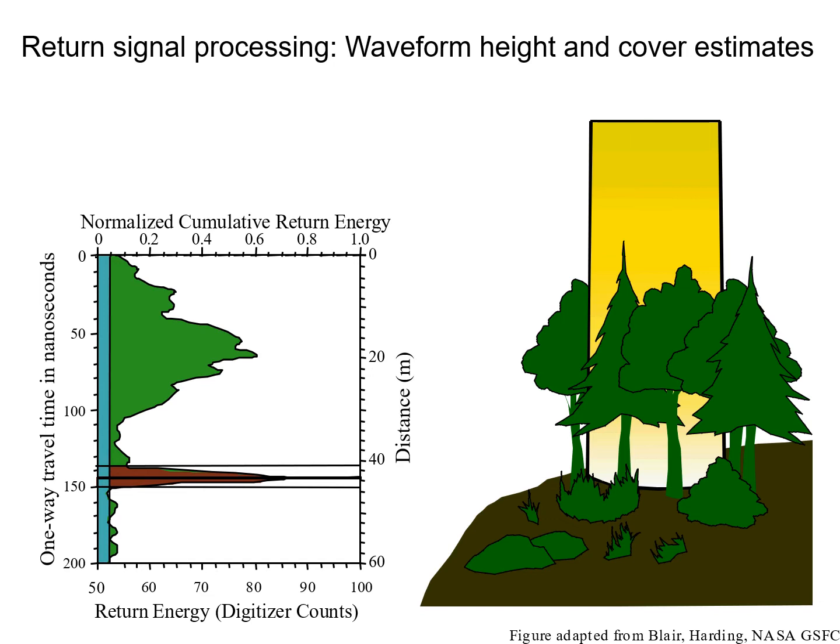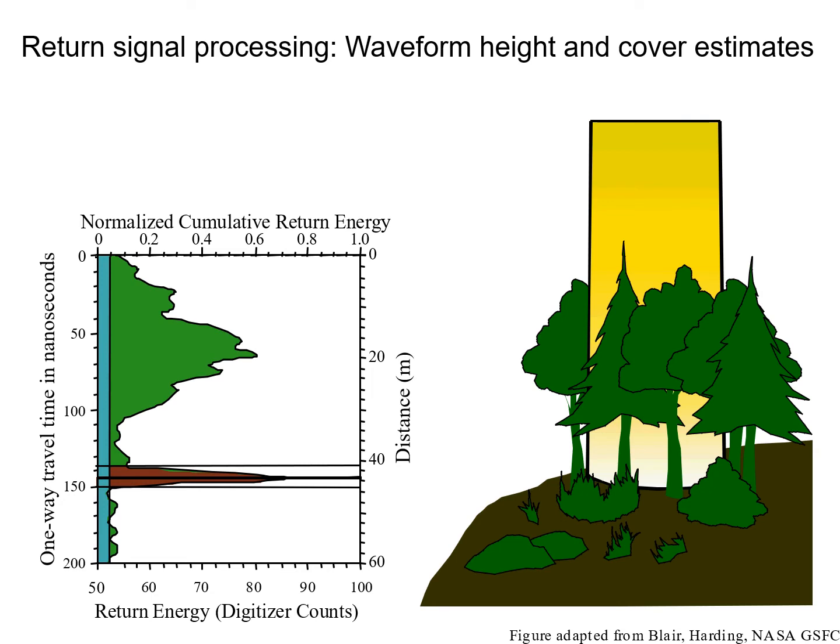So you have some energy being returned. The first energy that's returned is the energy from foliage closest to the top of the canopy. That's going to be below the background noise level of the LiDAR receiver.